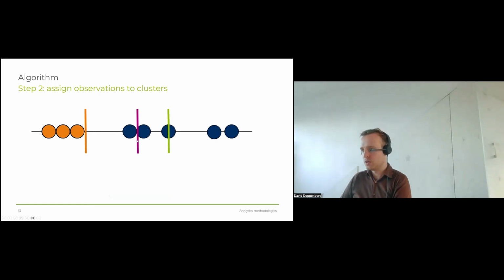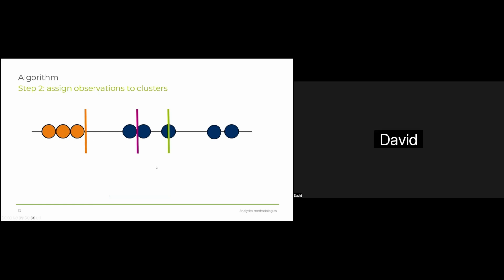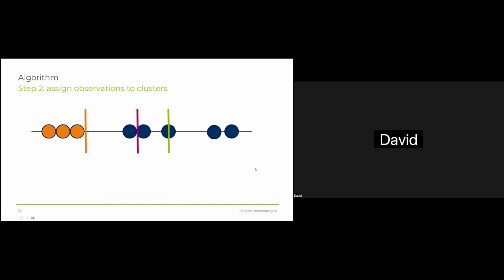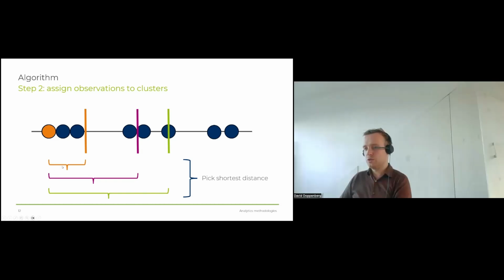Then I have a question. Does it calculate similarity using means? What do you mean with similarity? Like to cluster into groups. Does it do it by comparing means? No. So you have the centroids, which are picked randomly.